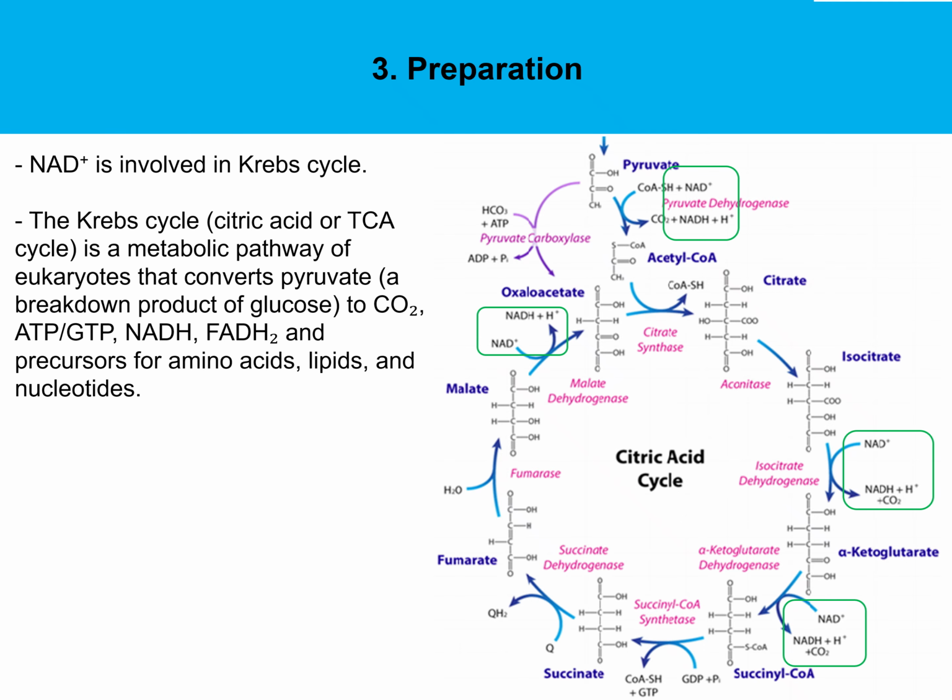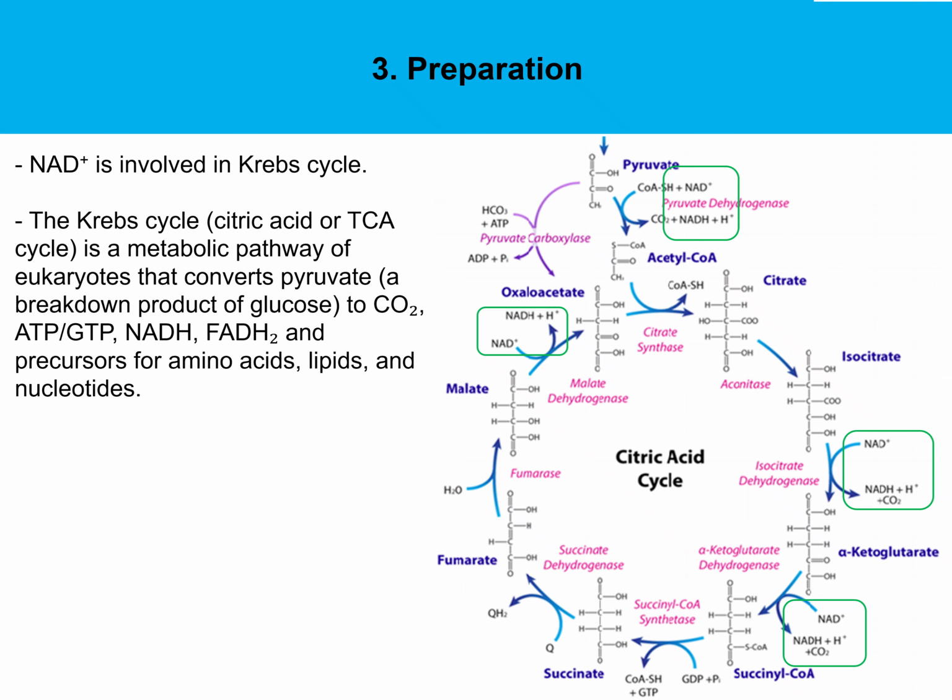The Krebs cycle, or the citric acid cycle, is a very important metabolic pathway in eukaryotic cells that converts pyruvate into CO2, ATP, NADH, amino acids, lipids, and nucleotides, among other molecules. Pyruvate is in itself a breakdown product of glucose.